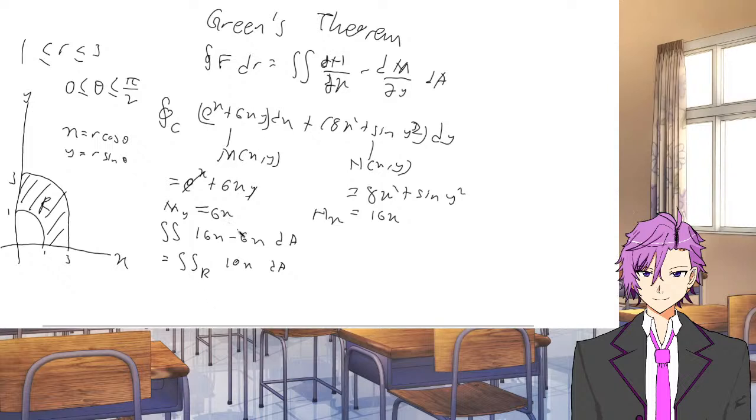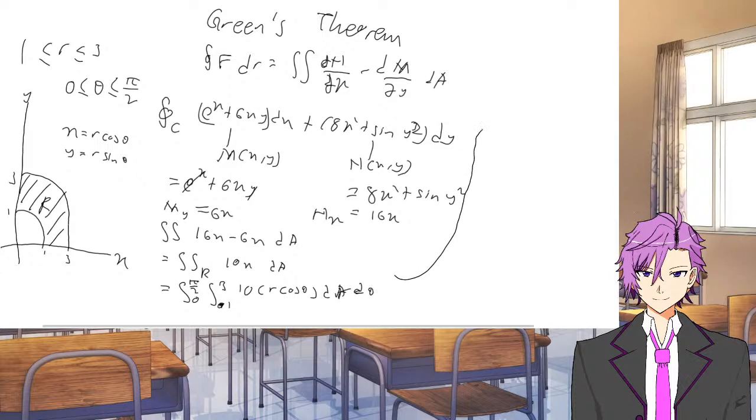So now we cannot use the rectangular coordinates since this is a circle. So we'll do from 0 to pi over 2. So we have to change this x. So from, no, this is radius. It's 1, 2, 3. 10 r cosine theta dA. No, wait, not dA. dr d theta.